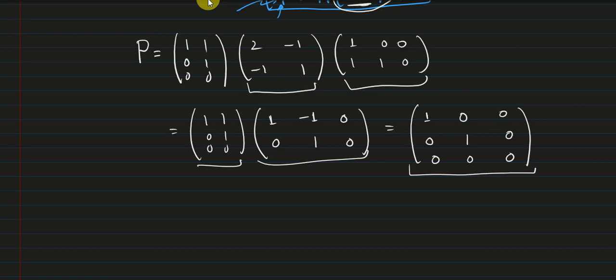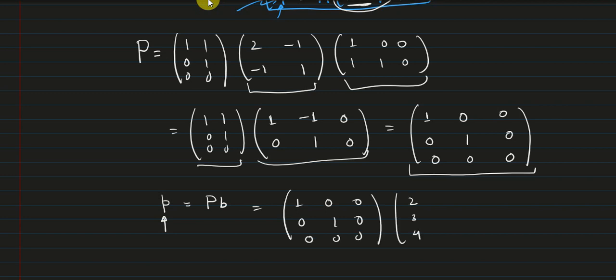Now, if you have to find this projected component, you apply this transformation that will project your vector b into p. That is 1 0 0, 0 1 0 and 0 0 0, and b is 2 3 4. If you do the multiplication here, you will get 2 3 and 0. So p is 2 3 0.